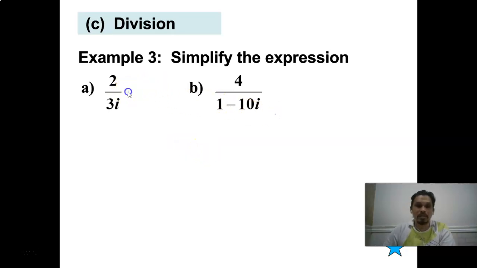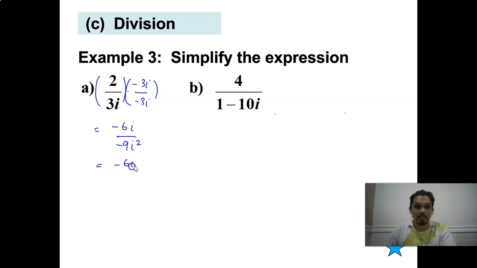What about this one here now? It is multiplied with negative 3i. So 2 times negative 3i equal to negative 6i, and 3i times negative 3i, negative 9i squared.